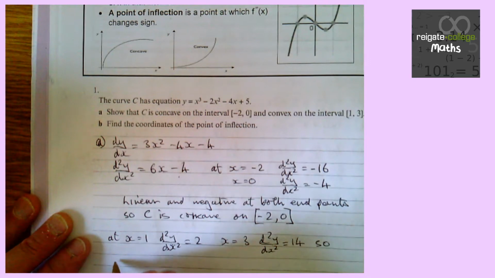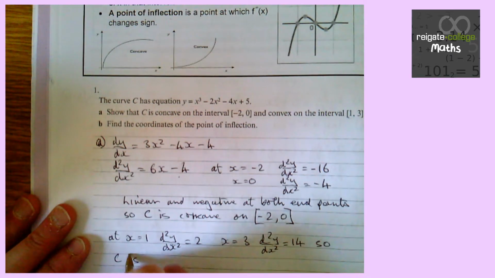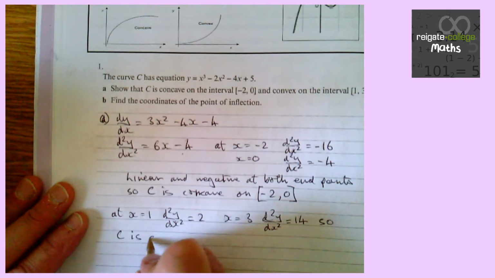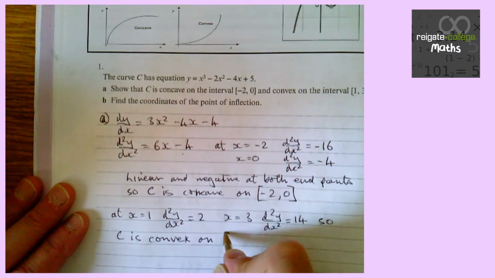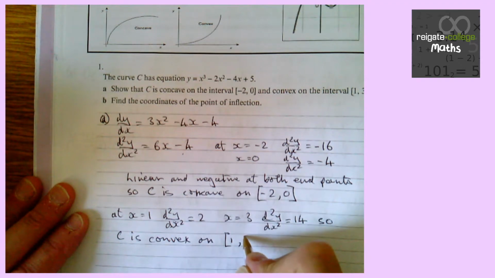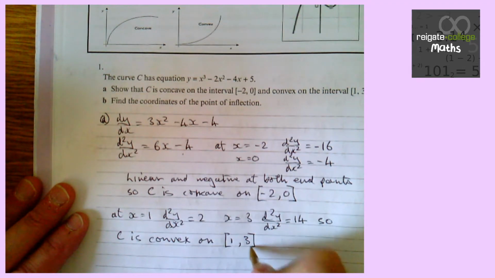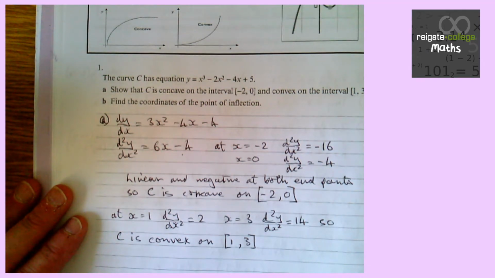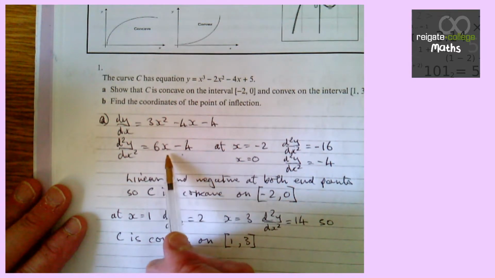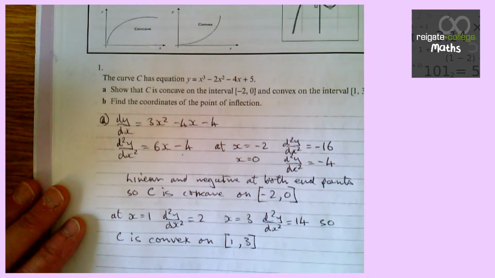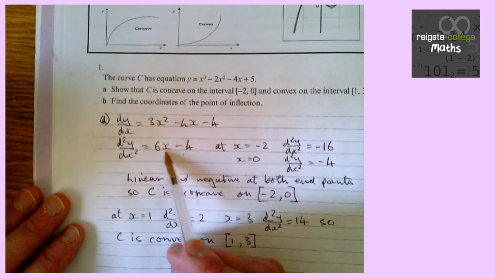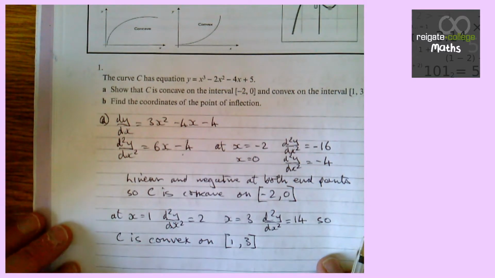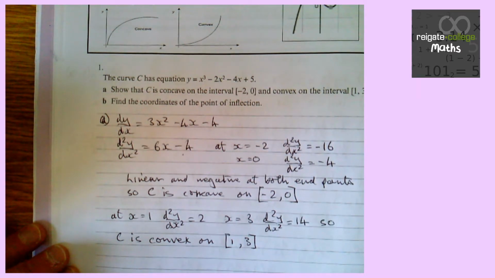So C is convex on 1, 3. That's true because this is linear. So it's a straight line function, and it's positive on both ends. It must be positive everywhere.